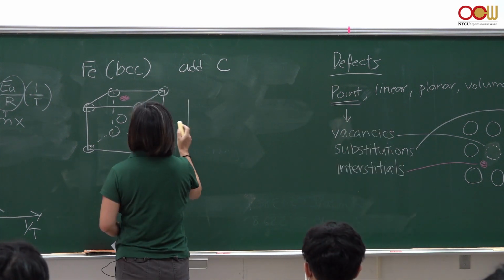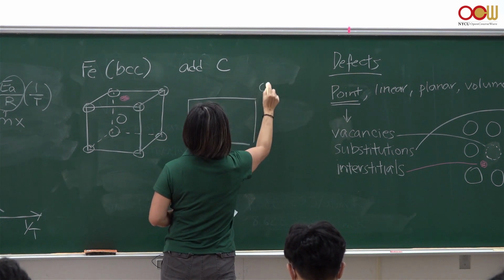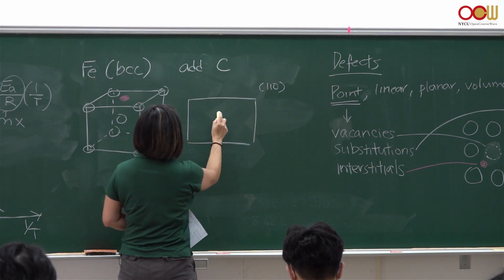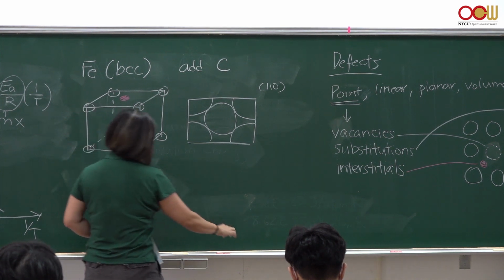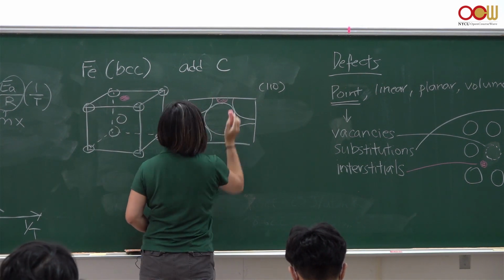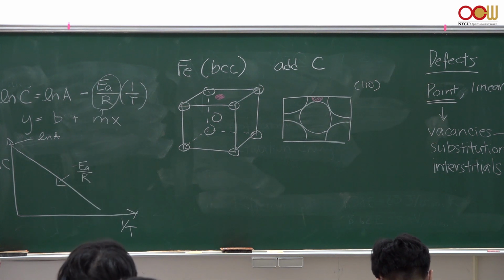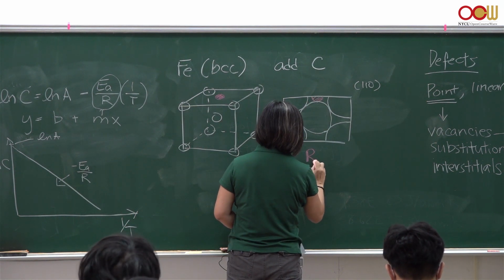So if I were to draw the 1, 1, 0 plane, it's going to cut through the body center here, so you have the atom, and that would be here. Any questions so far? I would like you to calculate the size of that interstitial site. So what is R?